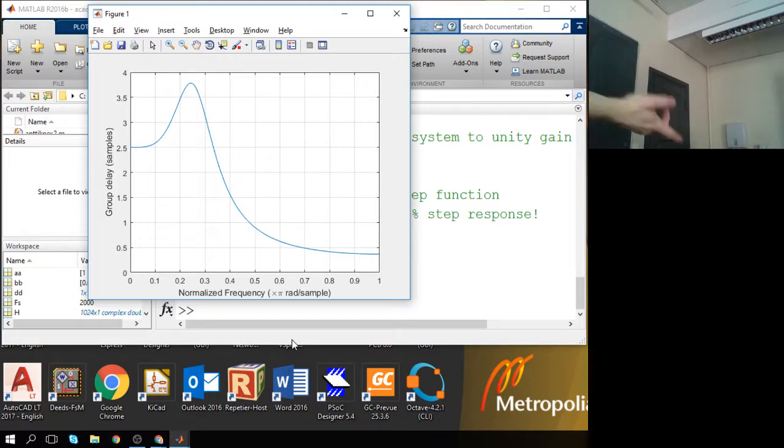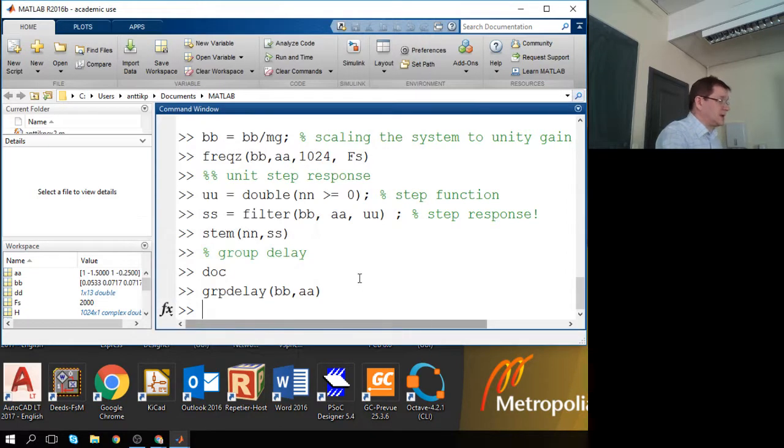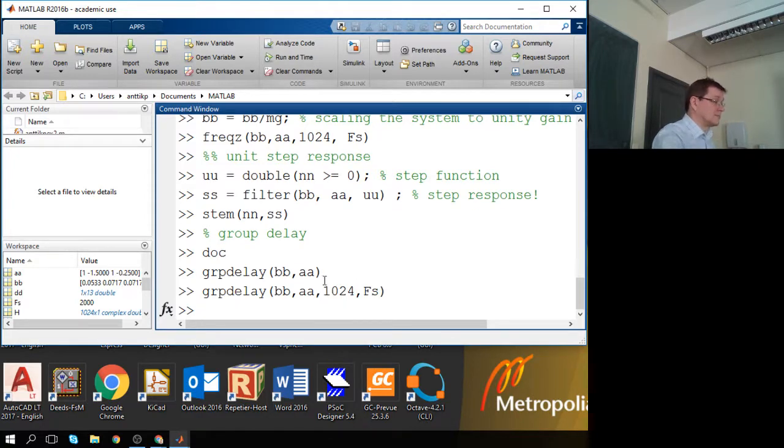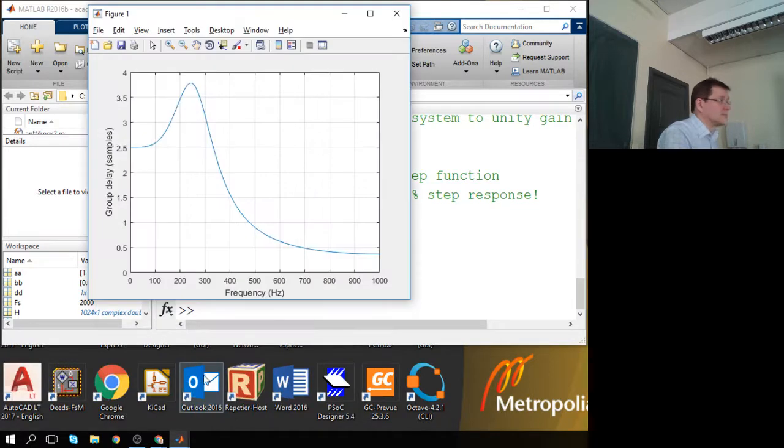We can also feed in the sample rate to get seconds and hertz. So now it's a group delay.